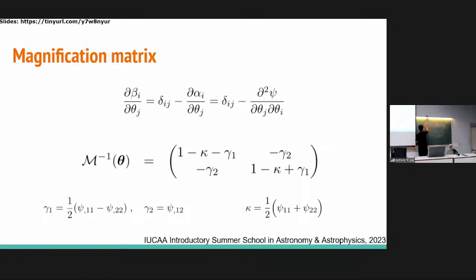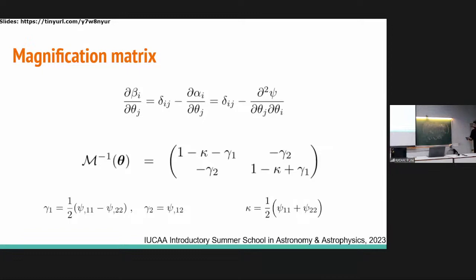If you look at the equations, it will be 1 minus psi_11, 1 minus psi_22, and then minus psi_12, minus psi_12. Now remember, the Laplacian of psi is 2 times kappa, which means psi_11 plus psi_22 is equal to 2 times kappa.